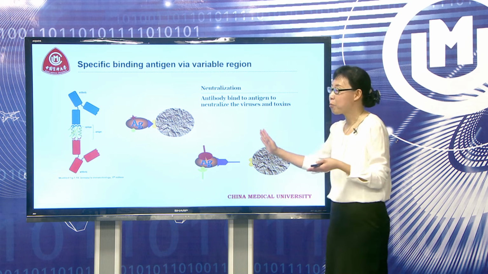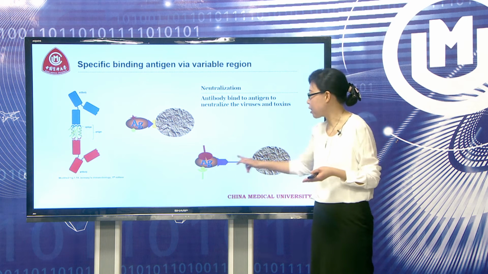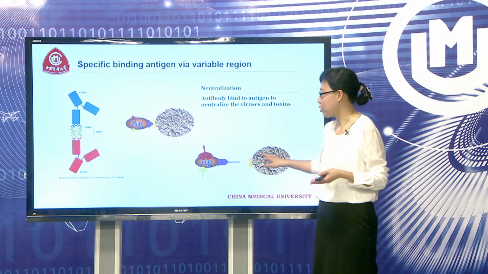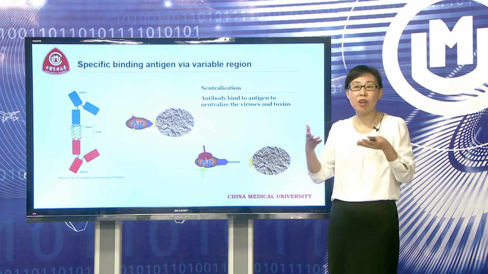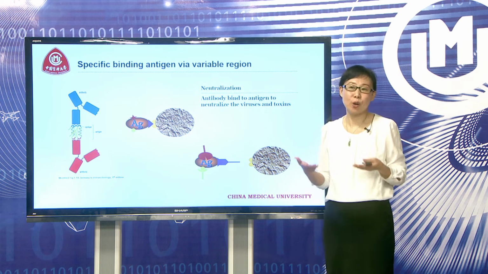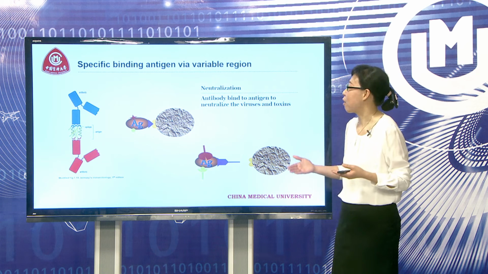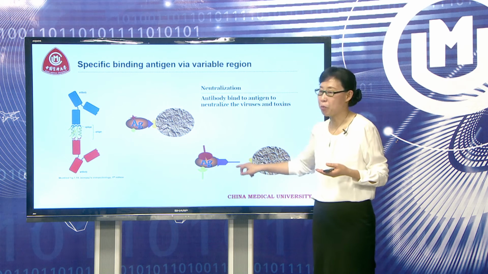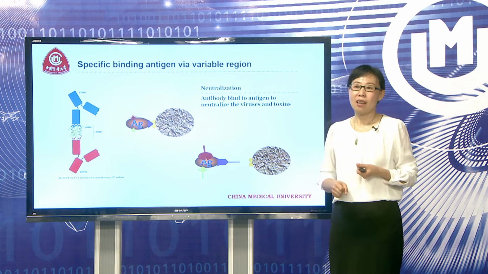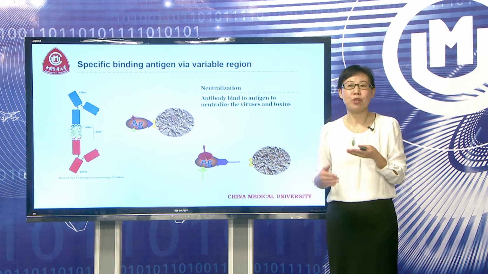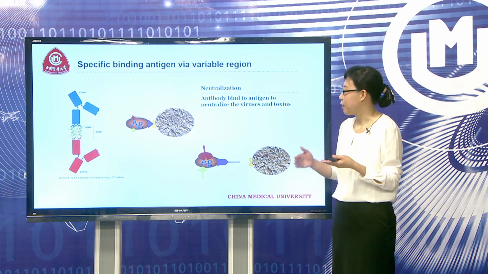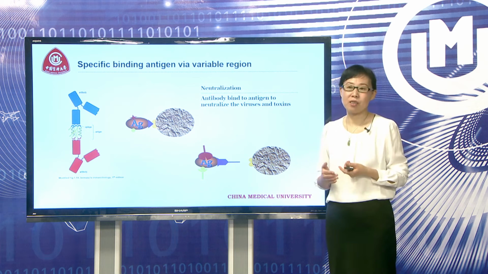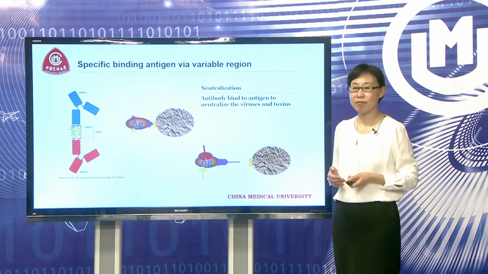Their binding will block the invasion of the virus into the target cell. There is no invasion, so there is no damage. This is called neutralization by the immunoglobulin. Neutralization is also useful to prevent the effect of toxins produced by bacteria.